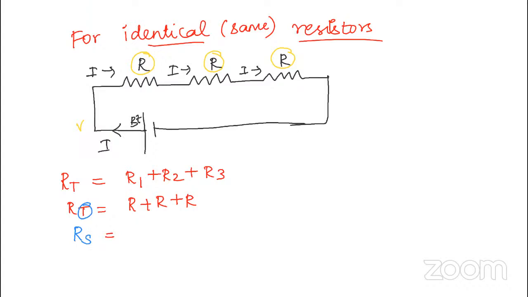RS ஓட values என்னது, it is 3R here. Okay. Here we can write it RT. Okay. RT, it is 3R.